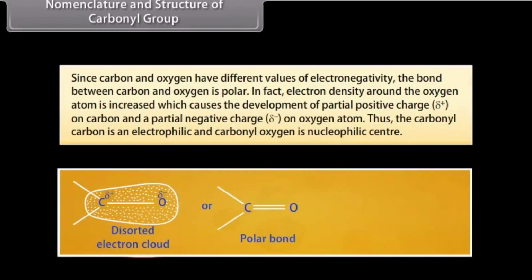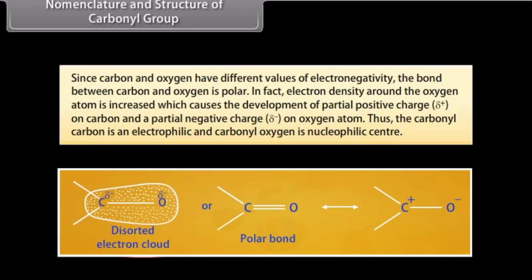Since carbon and oxygen have different values of electronegativity, the bond between carbon and oxygen is polar. In fact, electron density around the oxygen atom is increased, which causes the development of a partial positive charge on carbon and a partial negative charge on oxygen atom.